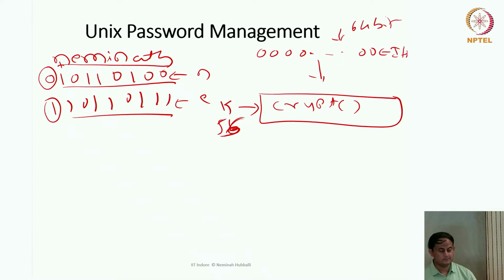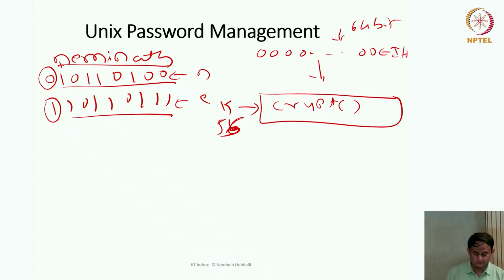Use that 56-bit key for this encryption. On the other hand, if the password is less than 8 characters, you put leading zeros, make it 8 characters, and do the same thing: ignore the most significant bit, use the remaining 7 bits, concatenate all the bits, generate the 56-bit key and use it for encryption.